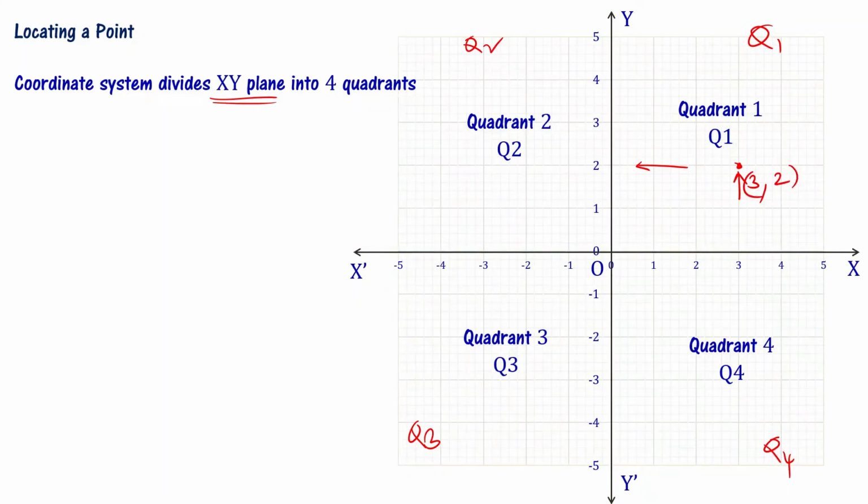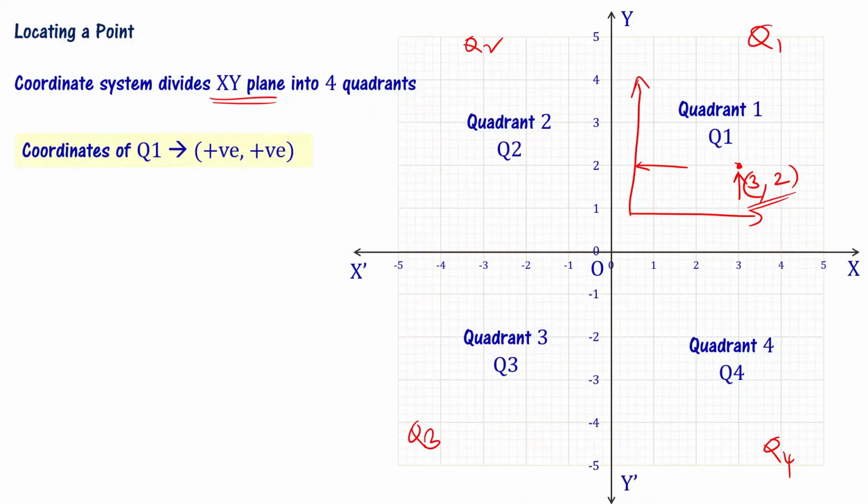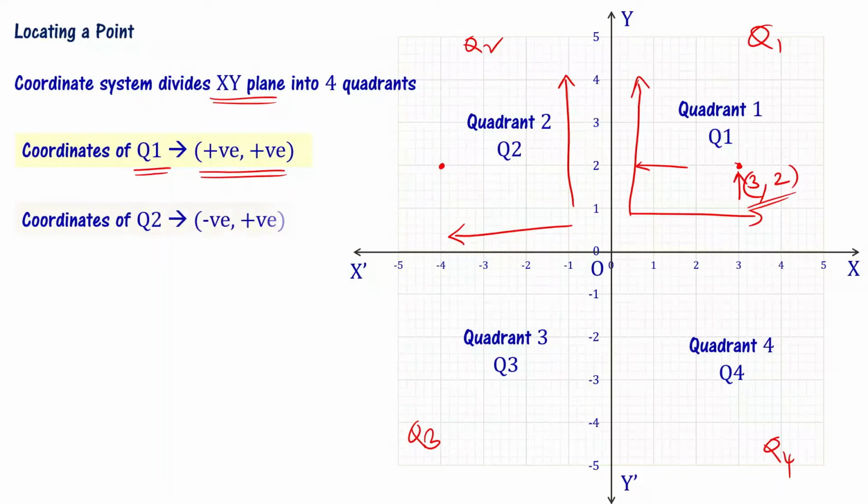These two are on the positive side, because the x-axis has a positive side and the y-axis is also on the positive side. That's why the coordinates of Q1, quadrant 1, are going to be positive and positive. Please note this. If you take a point from quadrant 2, the x value is on the negative side, whereas the y value is on the positive side, right? That's why the coordinates of Q2 are going to be negative and positive.